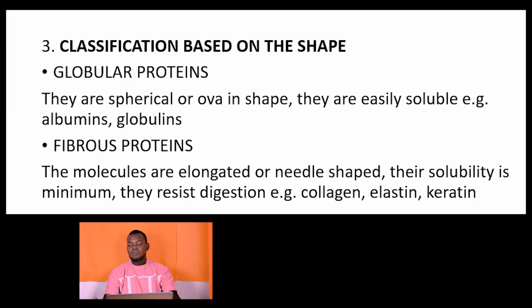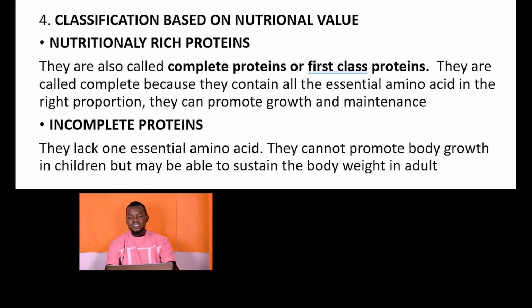Another type of proteins based on the shape, we have the fibrous proteins, which are elongated and needle-like, and their solubility is minimal, and they aid in flexibility and absorb friction at joints. Examples are collagen, elastin, and keratin, which is the main protein in the nail or the fingernail.